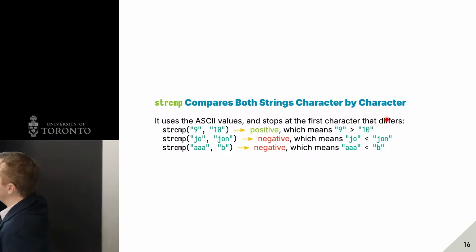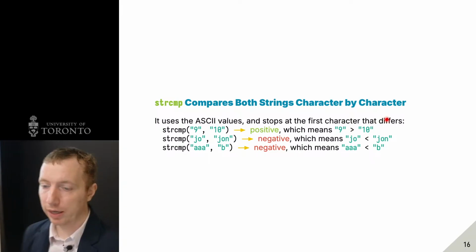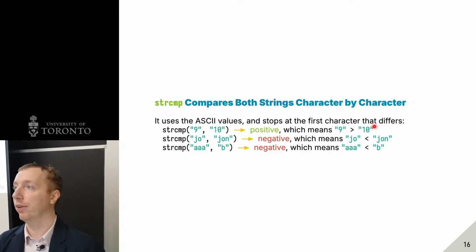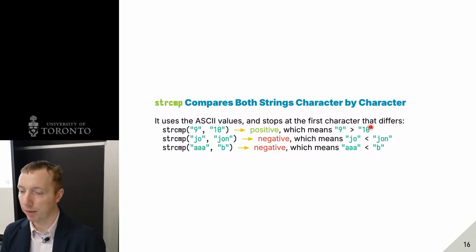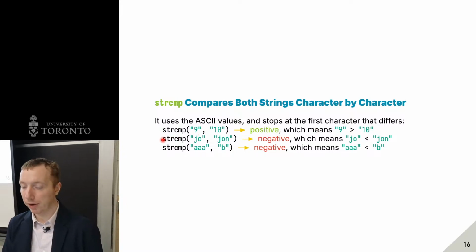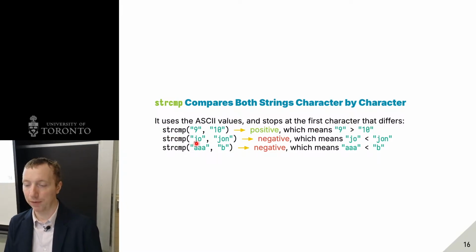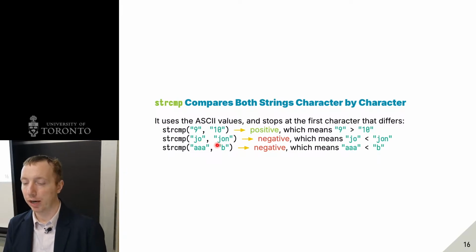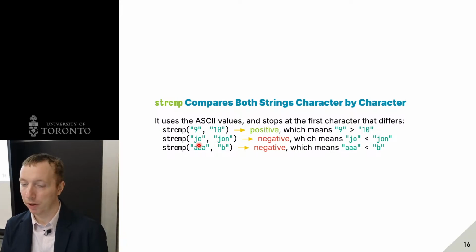So this is why, again, if you organize by name in Windows or something like that, it does not behave properly with numbers because it just compares character by character. And it will also take the null byte into account. So if I compare the string JO to the string JON, well, it will compare the first character in both strings. They're the same, so it needs to move to the next character.